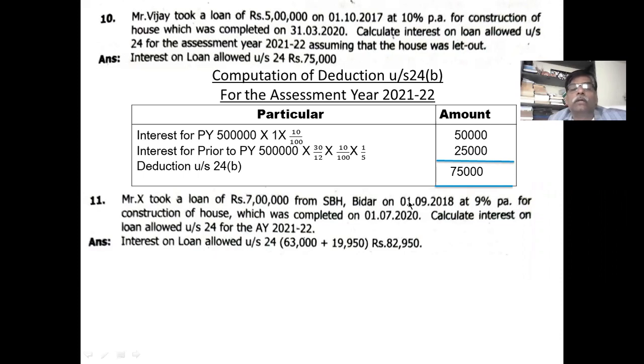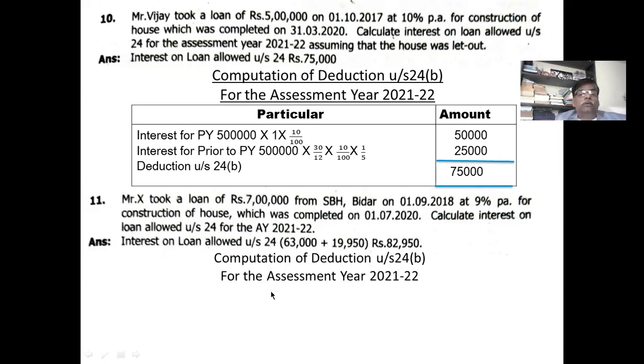Loan taken is on 1/9/2018, at 9% rate per annum for construction of house, which was completed on 1/7/2020. Okay, construction completed. Then calculate the interest on loan for the previous year under section 24B. Here you see the calculation.